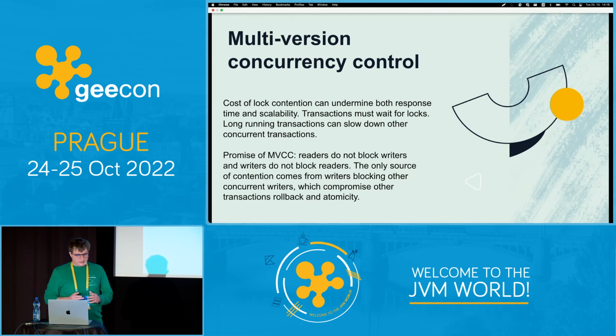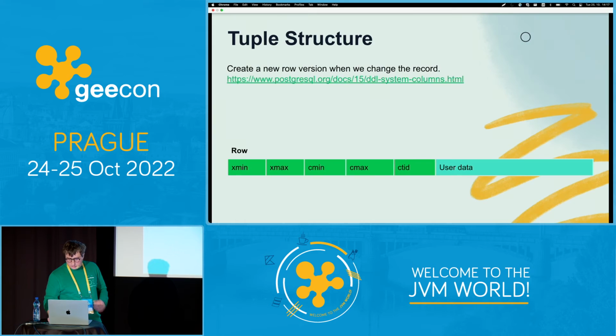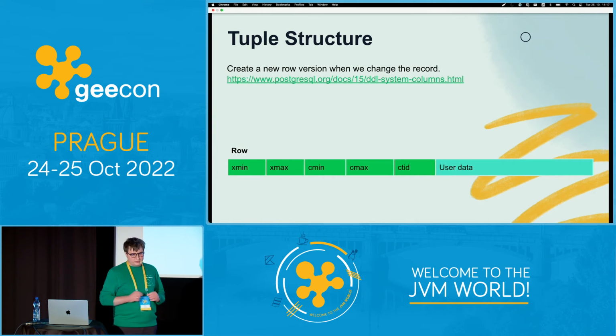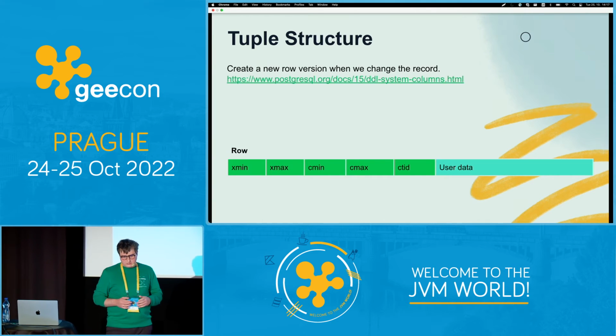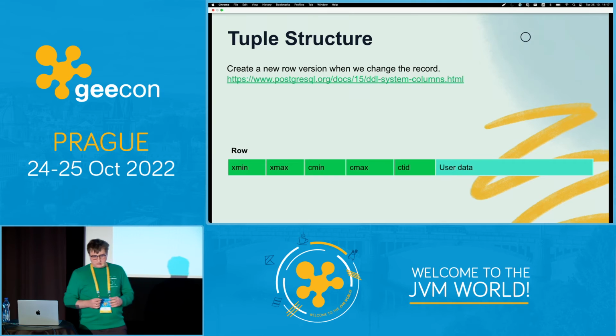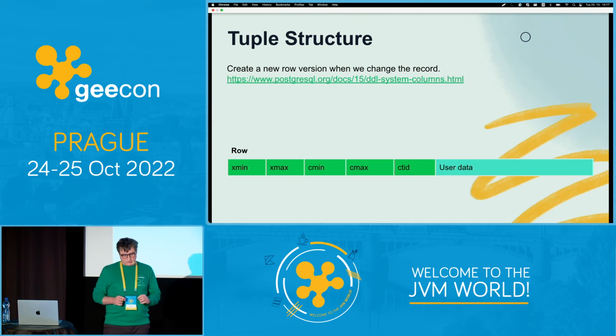The idea is that at any moment of time, there could be multiple versions of the same row. So let's take a look at how Postgres implements it. If you read the source code, of course, Postgres is being developed, it can change. But I'll try to give you a simple picture of it.